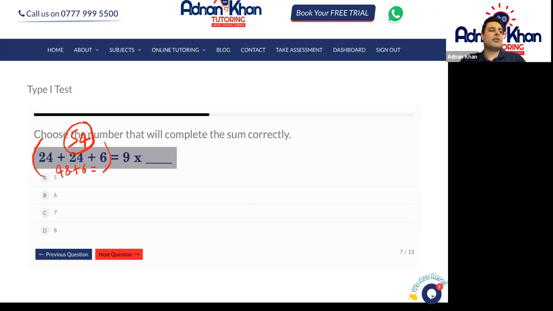Well done. Do you know your 9 times table? Some of it. Okay. So now we're trying to find out 9 multiplied by what number gives us 54? 9 multiplied by what number gives us 54? 6. 9 times 5 is 45 and 9 times 6 is 54.